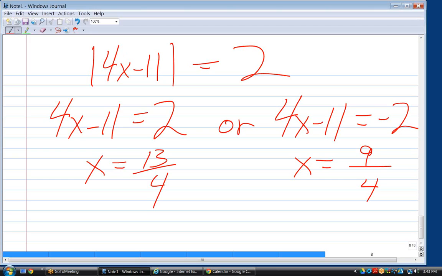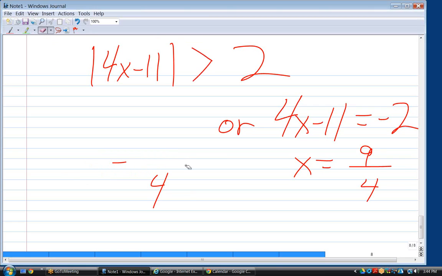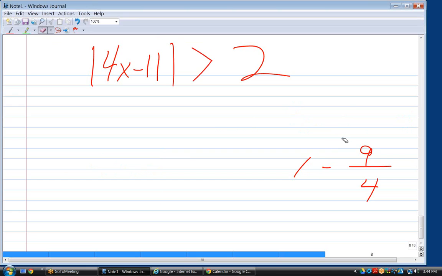Now, do you need to know absolute values and inequalities? In other words, if I said that was greater than 2, how do you solve it?